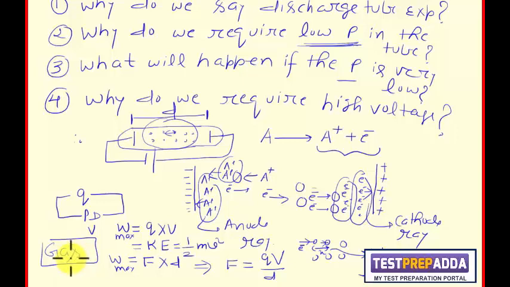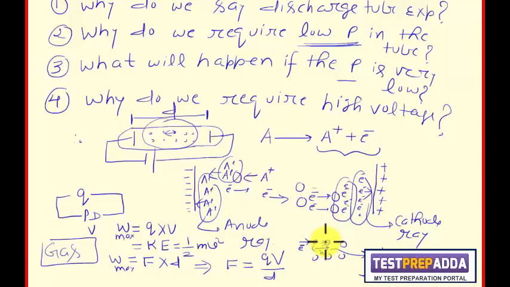Now, the fourth doubt. Why do we require high voltage? The answer is very easy, because you can see kinetic energy is directly proportional to potential difference. More potential difference, more will be the gain in kinetic energy. More gain in kinetic energy means when an electron or positive ion collides with the atom, there are more chances that the atom will ionize.